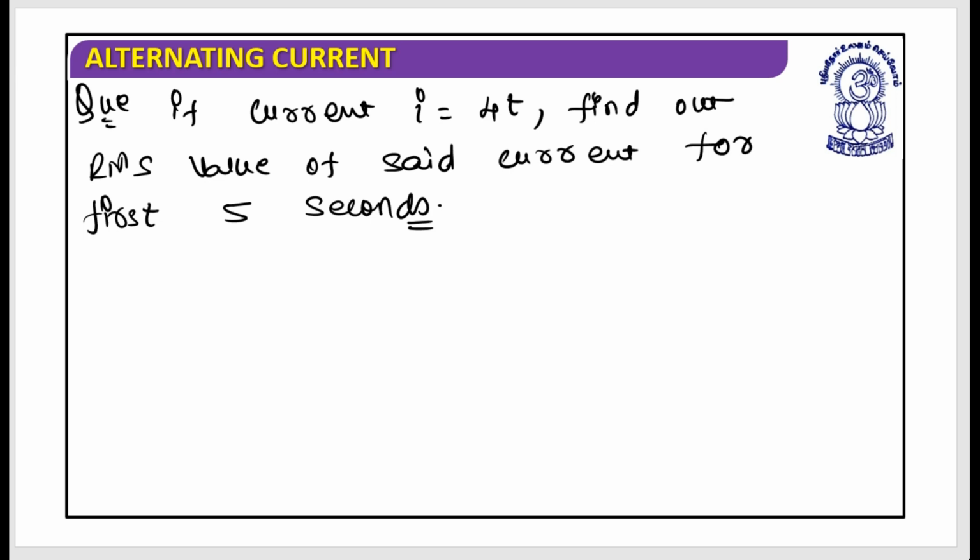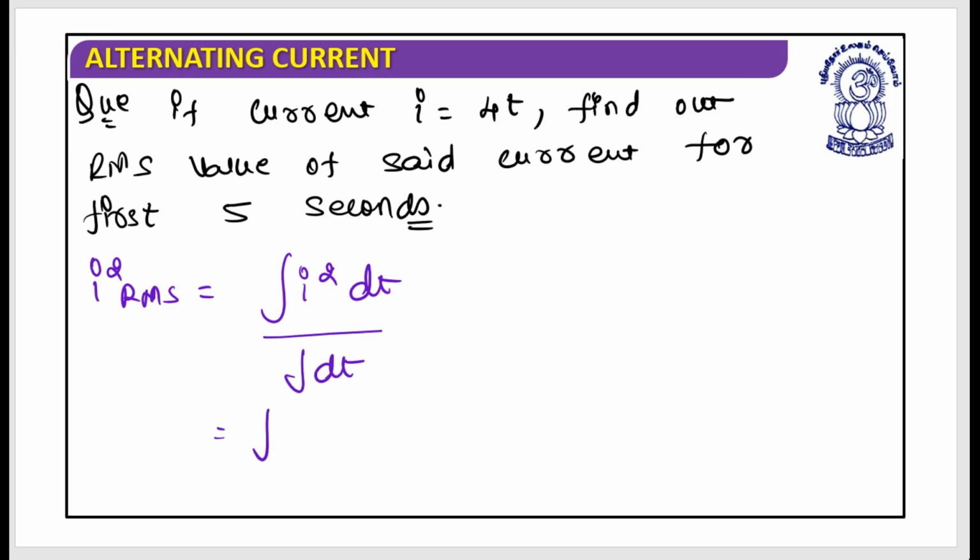So how should I do this? I can find out I square RMS, which is equal to the integration of I squared dt divided by the integration of dt. So this is equal to the integration of I squared, which is 16 t squared, dt from 0 to 5, divided by the integration of dt from 0 to 5.